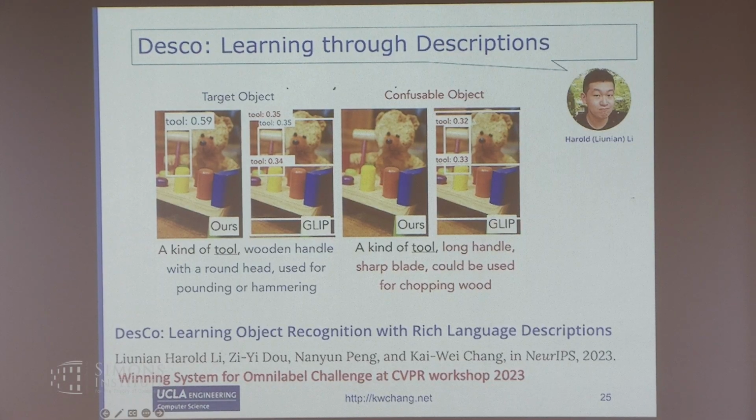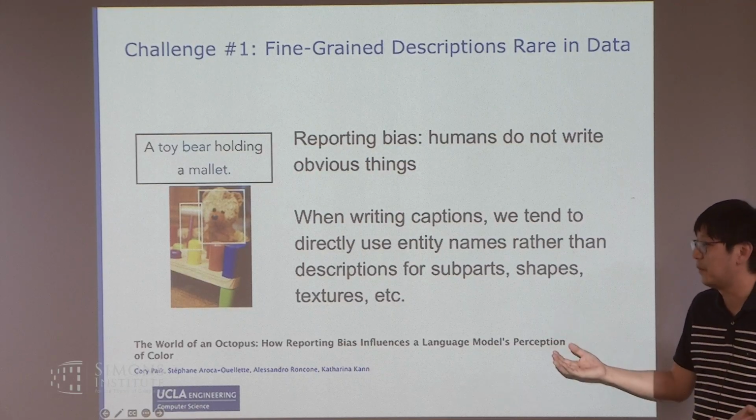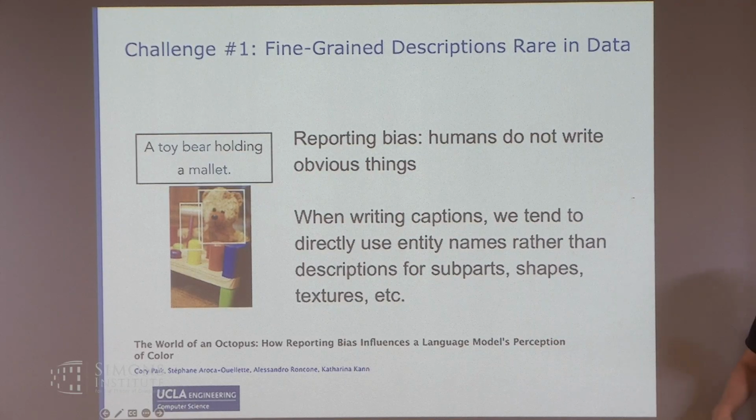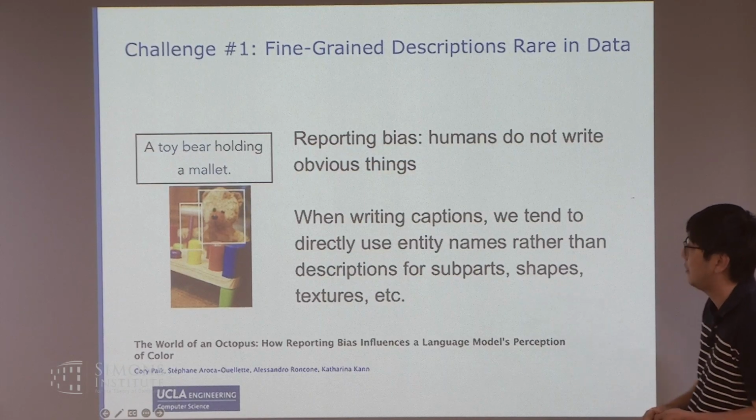Okay, so we find that there are two key challenges here. One is simpler to resolve, the other is more challenging. The simpler one is that the model actually didn't see a lot of descriptions of objects in the training data, because that's its nature, right? When we describe something to other people, usually you assume others know those things. You don't describe something like, today I go to a park, I see a car, and the car has 4 wheels. That's very weird. So you don't see a lot of that kind of description in the captions, so the model doesn't learn to capture that.